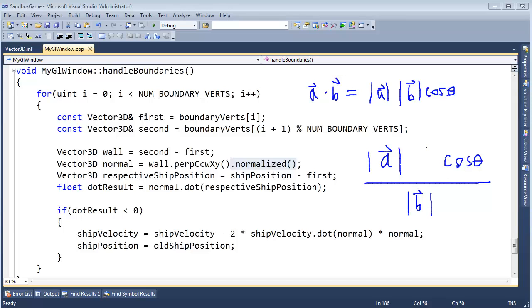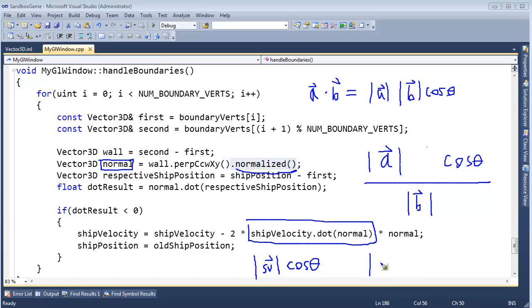Well, do you remember after we did this normalized thing and we got our wall normal? That's normalized, meaning length 1, and normal, meaning perpendicular to the wall we're doing our test against. Once we take the ship velocity, we dotted that with the normal, which gave us essentially the magnitude of the ship velocity times the cosine theta, theta being the angle between the ship velocity and the normal.